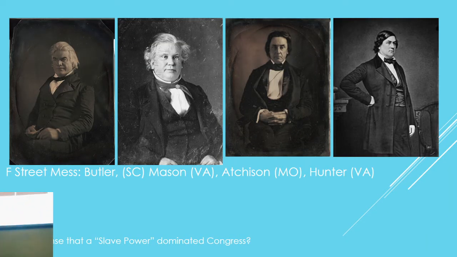Another argument about what motivates people to join the Republican Party very quickly in 1856 and 1860 is the sense that a slave power dominates Congress. And this, as I've suggested, is probably true. It's probably true that the F Street mess had really dominated Congress, even though they represented a minority of Americans.